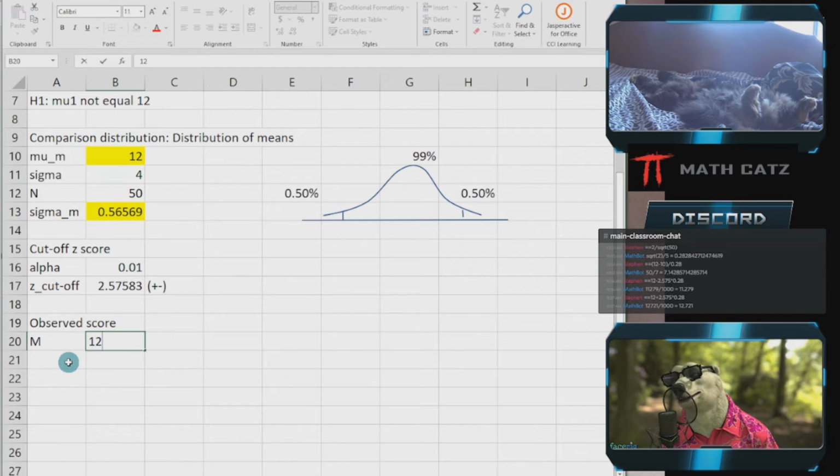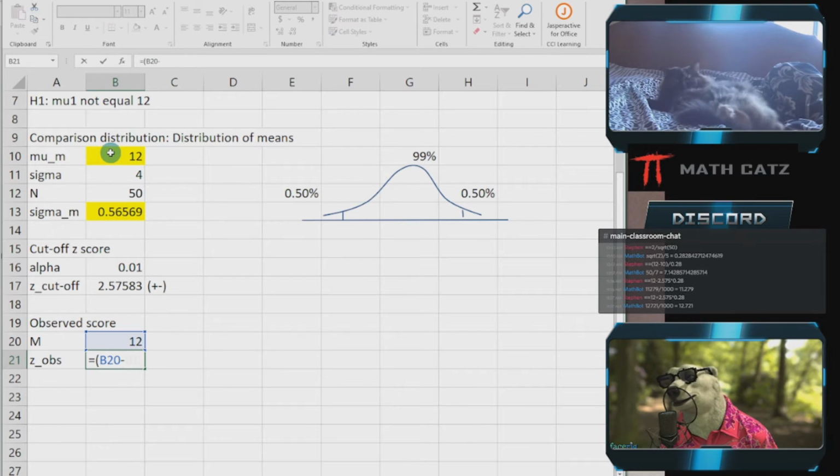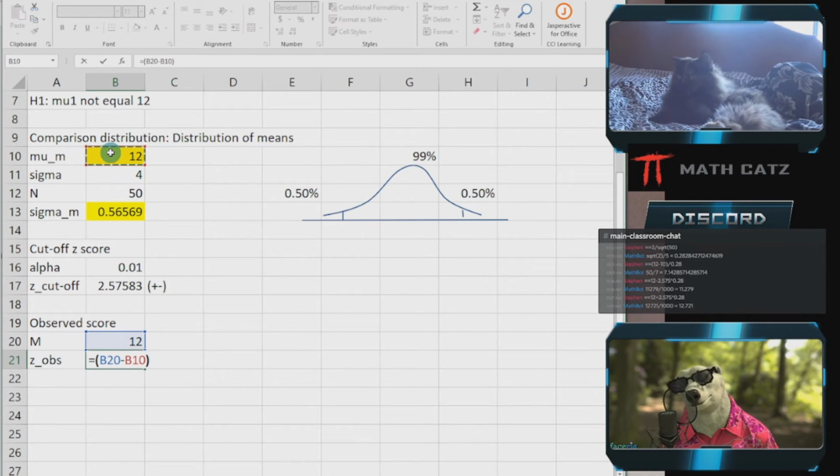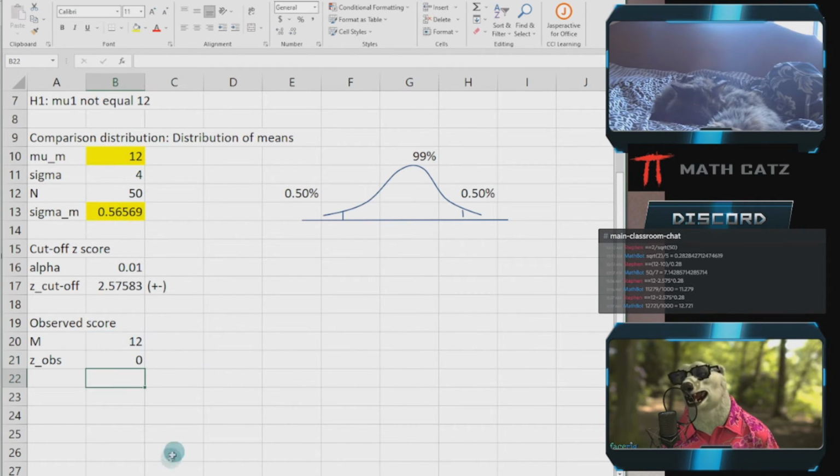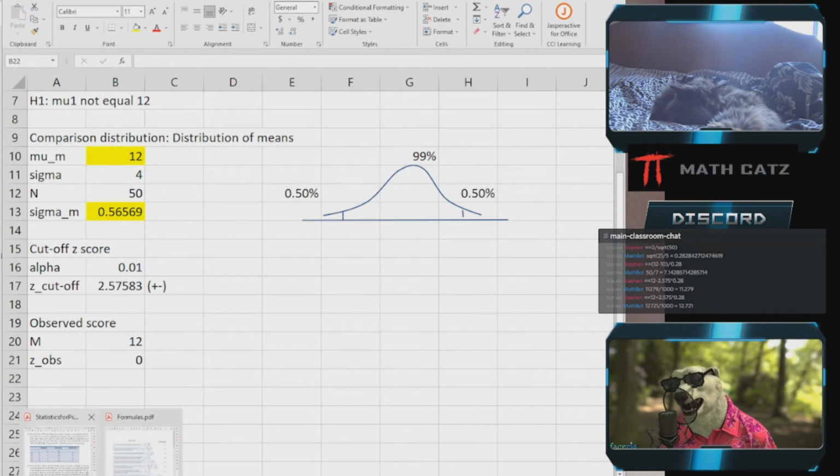We have to convert that to the observed Z score, by taking that, subtracting the comparison distribution mean, dividing by the comparison distribution standard deviation. Now, of course, it's 0 because 12 and 12 are the same. How do I get that?